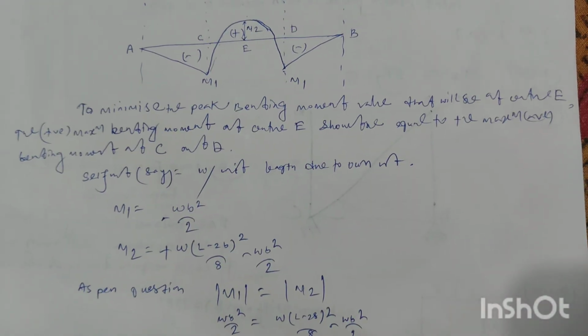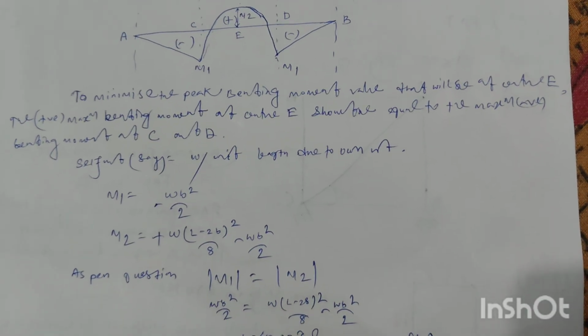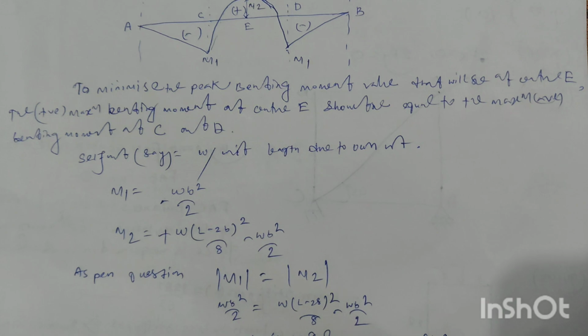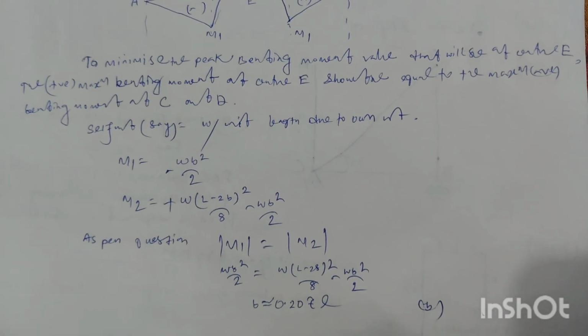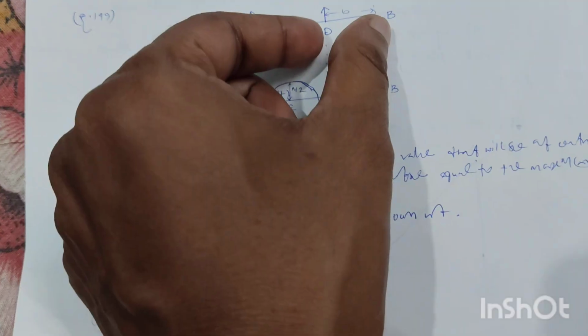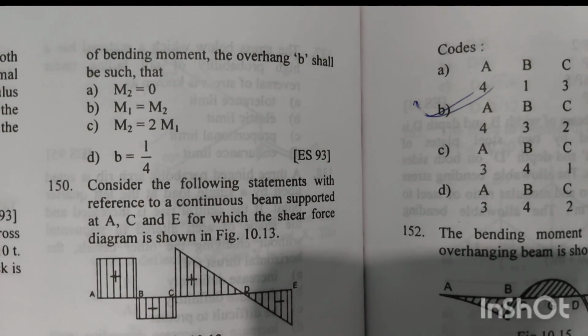And as per question, the answer is mod M1 equal to mod M2. That means irrespective of the nature of the moments, these two moments are equal to each other. And if we calculate the overhanging span, this portion B and this portion B will be equal to 0.207 L. Option B is right answer.